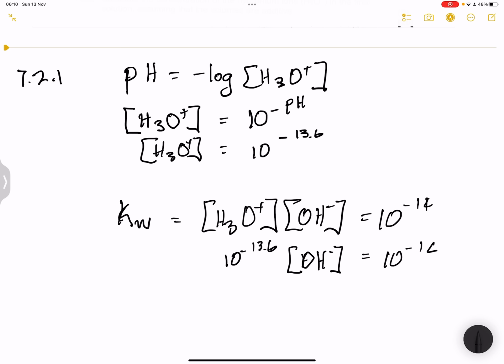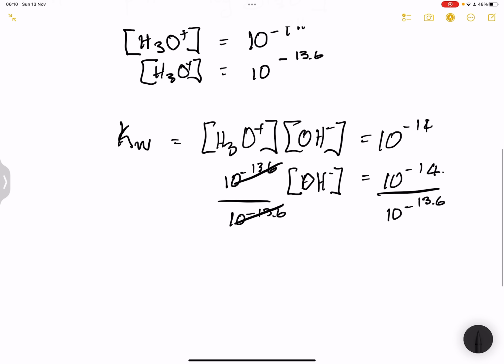So I'm just thinking about dividing, actually. 10 to the minus 14, so of course we're going to divide by 10 to the minus 13.6. If you know the law of exponents, the sign changes.